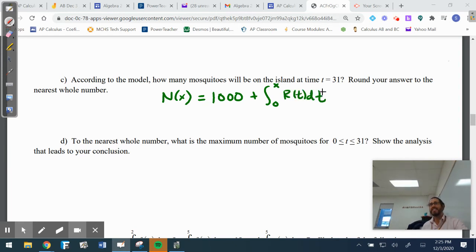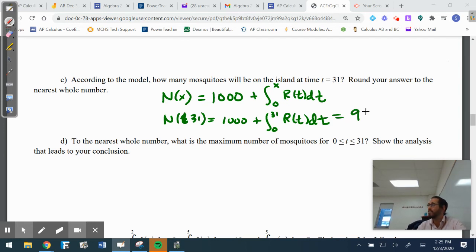There it is. That's going to be the number of mosquitoes on that island at whatever time I want to know. And if I want to know how many mosquitoes are on there at n of 31, that means it's going to be 1,000 plus the integral from 0 to 31. It's going to add up all those mosquitoes. Man, it better not be a lot.